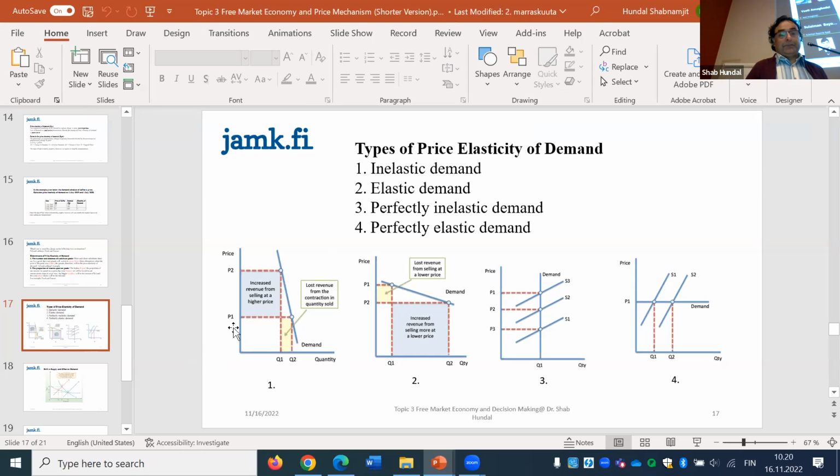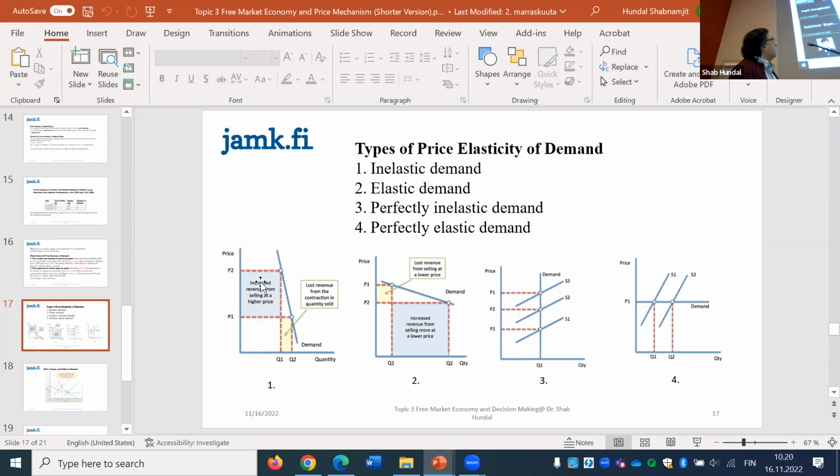No. Look, there's a massive change in the price, and there is a very minimum change in the demand. Look at this darkened rectangle with a sky blue thing. This shows change in price, and this yellow rectangle shows change in the demand. So overall, change in price is larger than the change in demand.